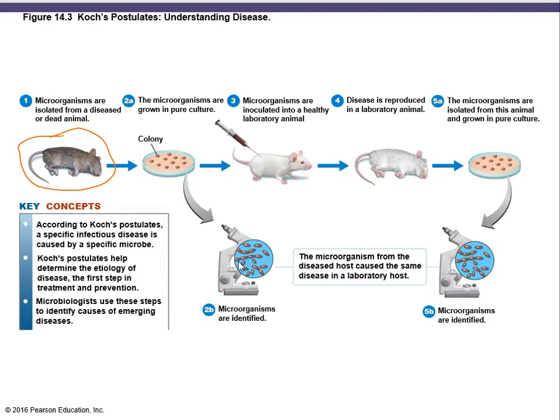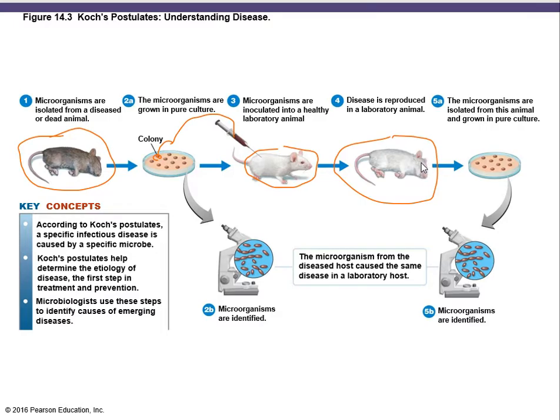If microbes grow in culture, you can observe them under the microscope. And then you get this pure colony from this microbe, you expand it, and then you inject it in a healthy animal. If that animal gets sick, that means those microbes that were in the first animal were the ones causing the disease in the second animal.